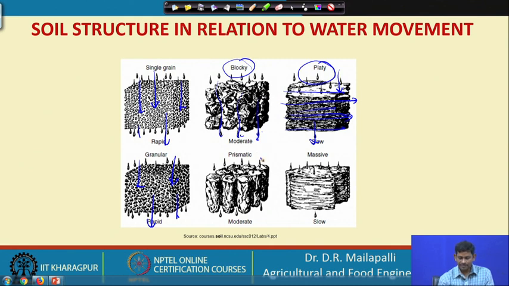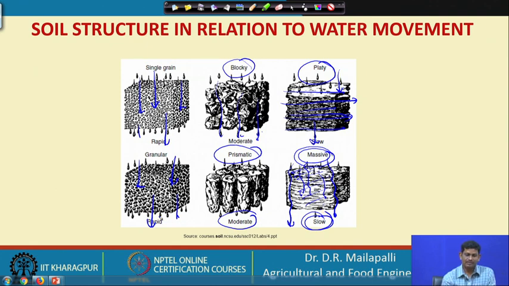Prismatic is also moderate. In the massive structure, which has big chunks, water only passes through the cracks, and otherwise movement is very slow. So, this picture shows how the soil structure influences the water movement.